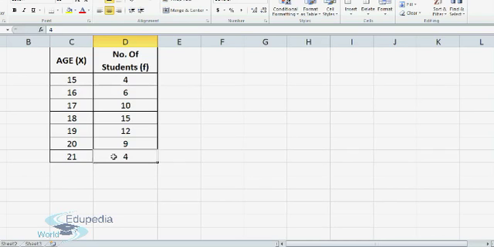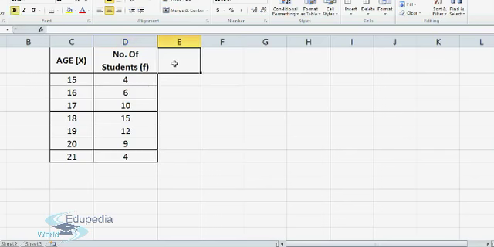Of course, to get the quartile deviation or percentile deviation, we will have to first find out the Q1 and Q3 values, at the same time P10 and P90 values. So what do we do for that?